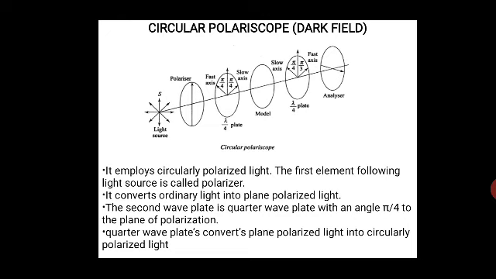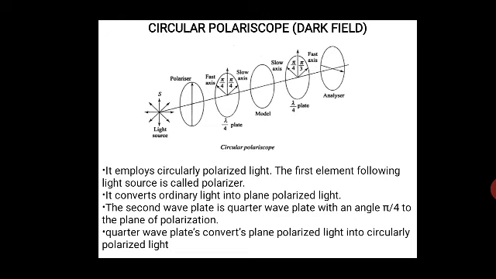See, the reason it is called a circular polariscope is that the light incident on the model in this setup is circularly polarized. For this reason, we call it a dark field setup.